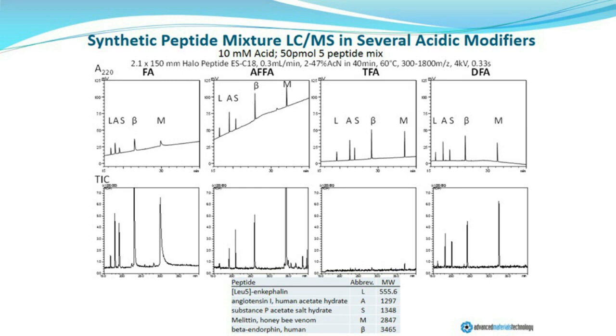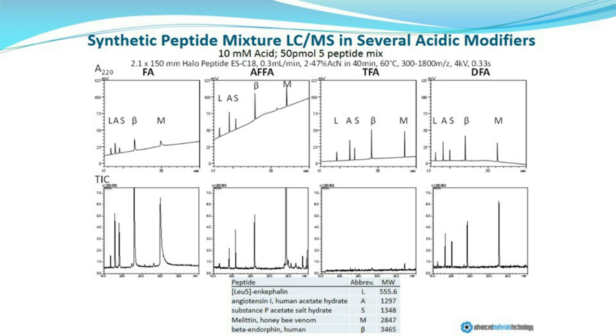With formic acid, an acceptable but not really high performance separation, we can see that relative to the ammonium formate, formic acid, trifluoroacetic acid, or difluoroacetic acid, that there is band broadening, the peaks are broader, there is a little bit of tailing. We can see this whether we're looking in UV or in the mass spectrum.